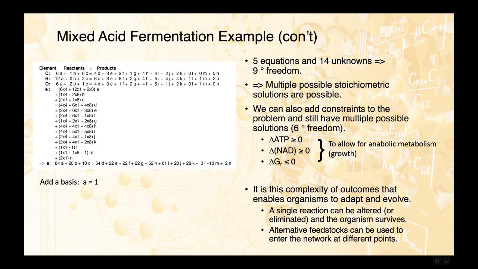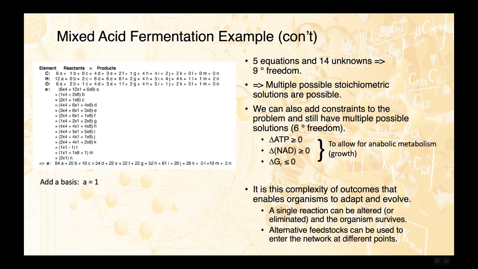That means there's 9 degrees of freedom to the solution. What does that mean? Well, that means there's a whole bunch of possibilities that are equally valid. They will account for all the stoichiometries that need to occur. I can raise the amount of ethanol and lower the amount of formate or acetate. I can raise the acetate and lower the amount of ethanol.